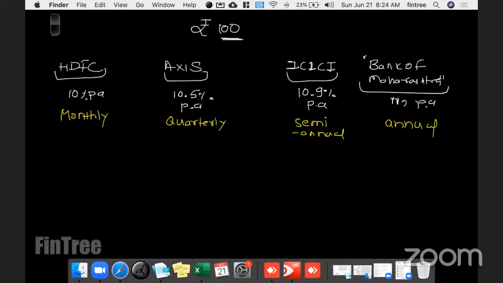Nimisha 11, 10.48, 10.57, 10.71. Prajakta has chosen ICICI Bank.